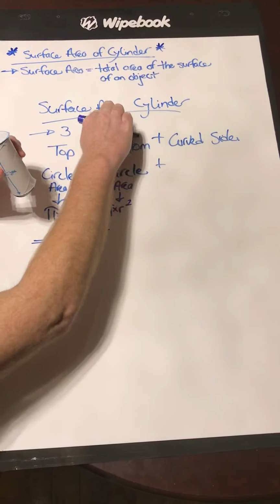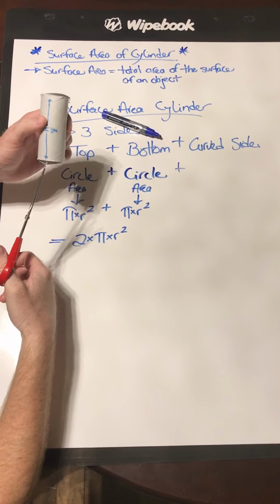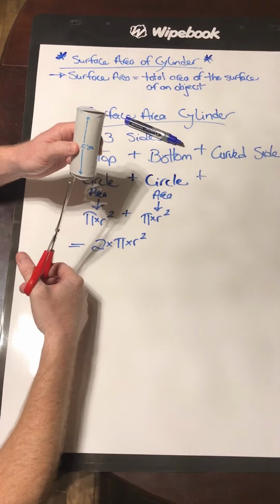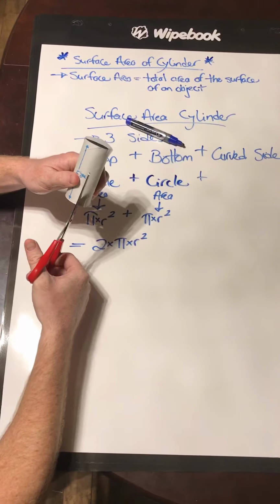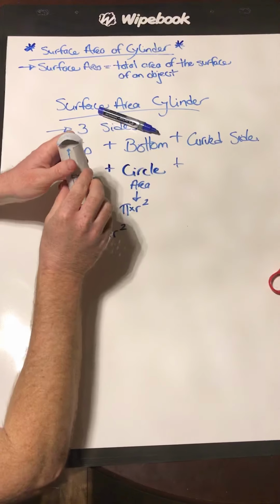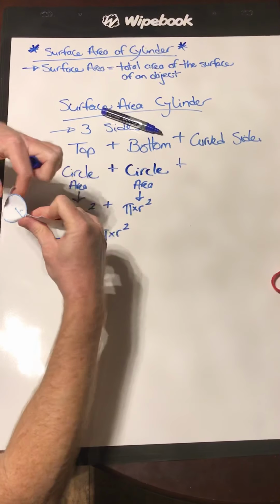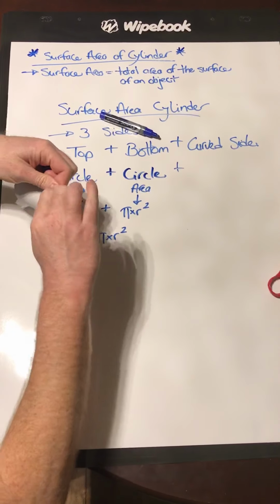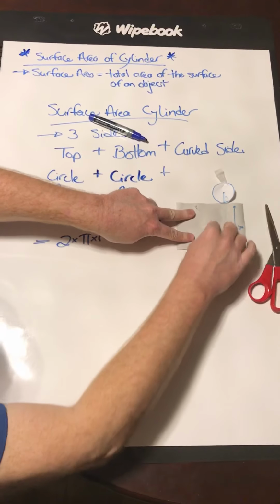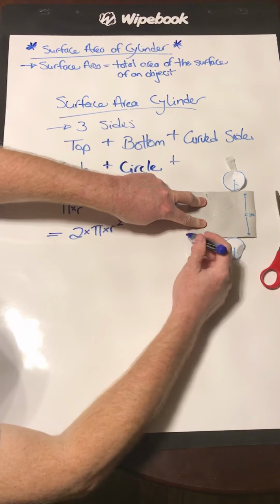surface area. And if you remember in class, what we did is we had to do a little bit of cutting with this. We cut the cylinder, and when we unraveled it, what we found out is that this curved side actually turns into a rectangle.